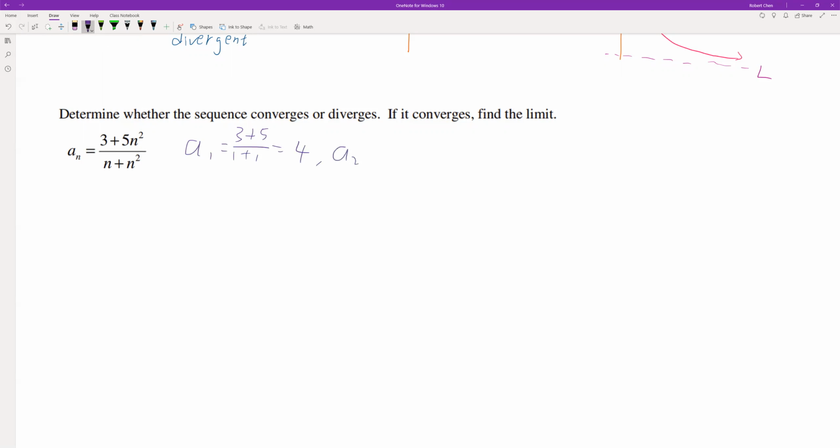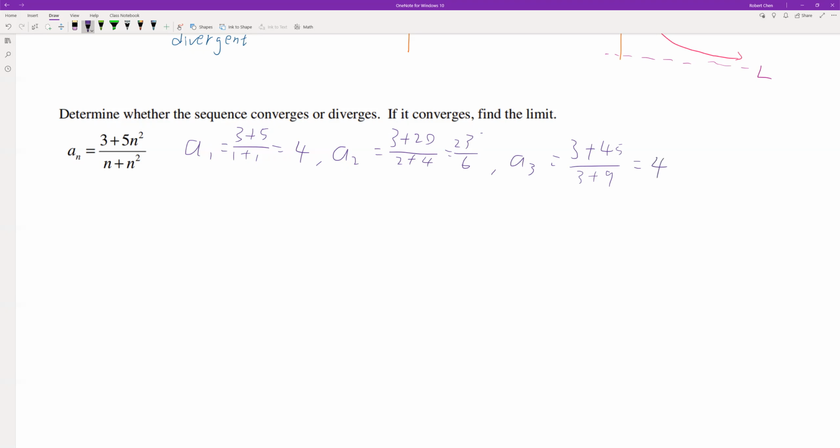And a2 is going to be 3 plus 20 over 2 plus 4, that's 23 over 6. And the third one is going to be 3 plus 45 over 3 plus 9, which is 48 over 12.